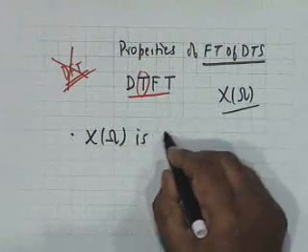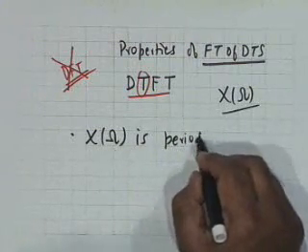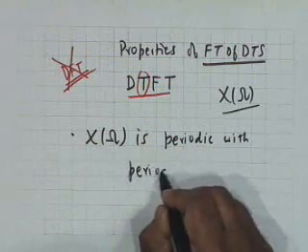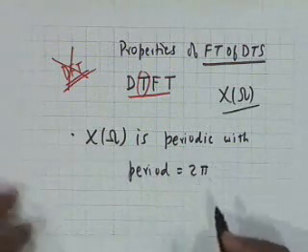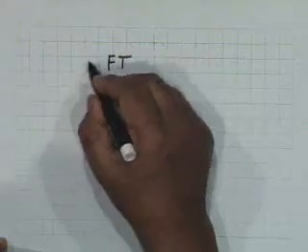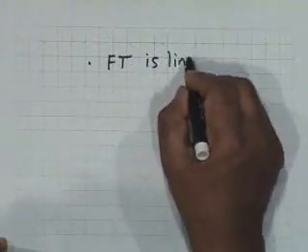All right. Now, the first property that we have already known is that X of omega is periodic with period equal to 2 pi. And the definition of X of omega itself shows that the Fourier transform operation is linear. Second property, FT is linear.